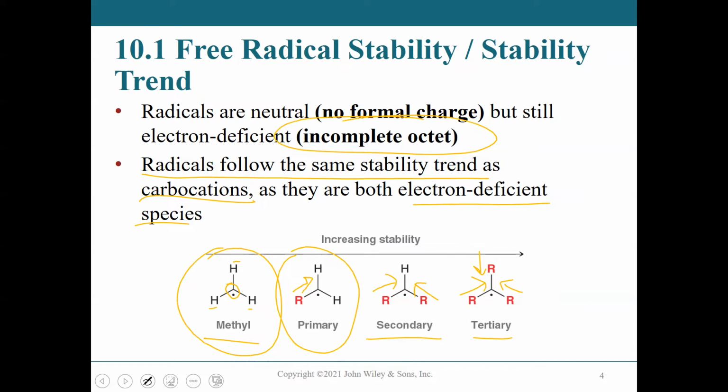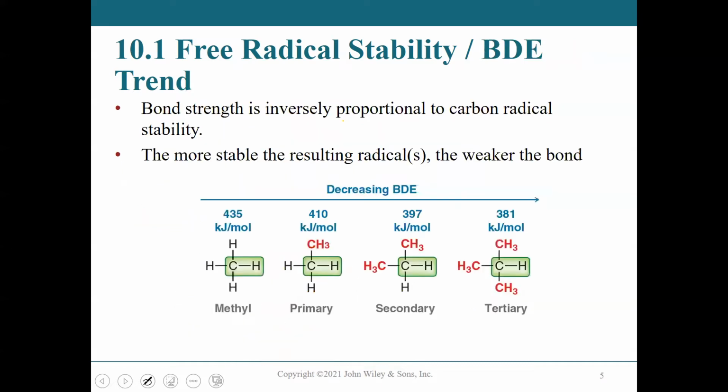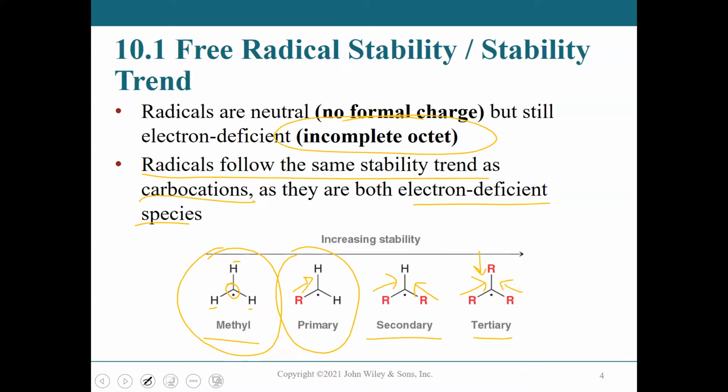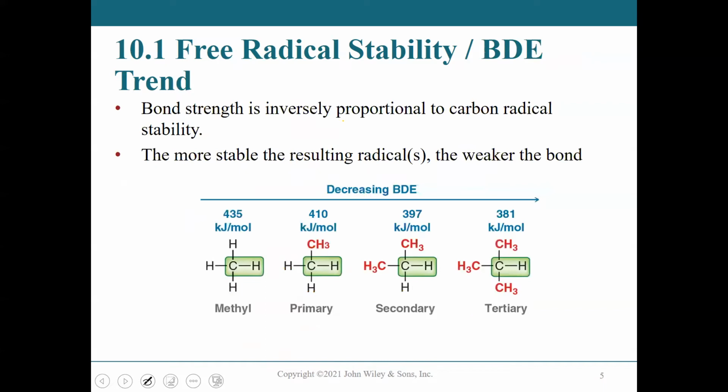So the unpaired electron demands the presence of a partner, a second electron, so it can compensate the rotational energy associated with it. Since the tertiary radical is more stable than the secondary, primary and methyl, that also tells you about the trend, right?